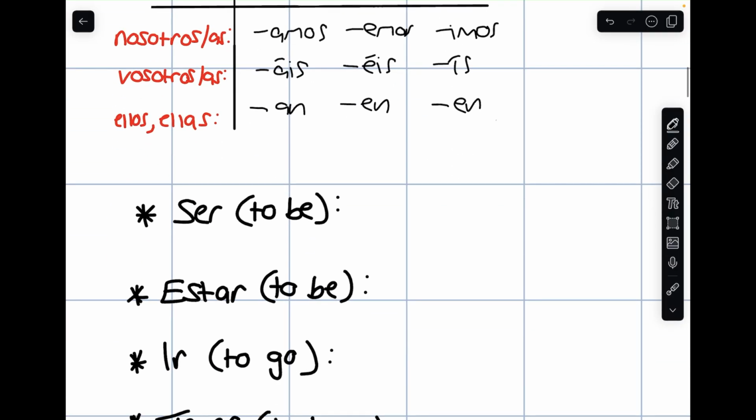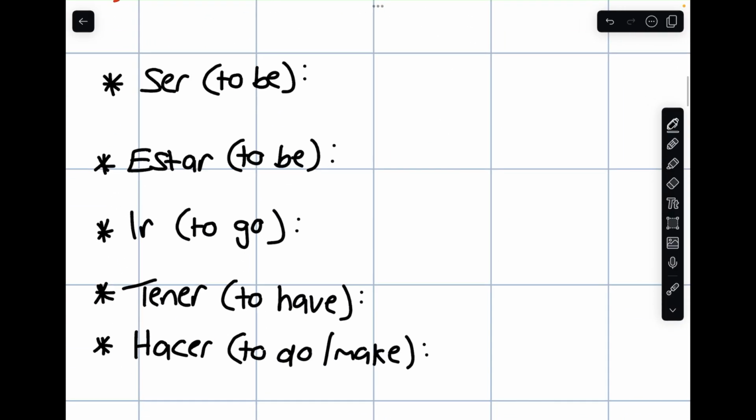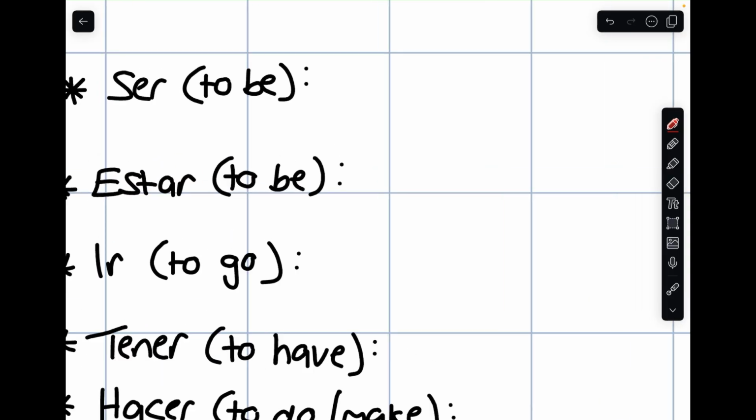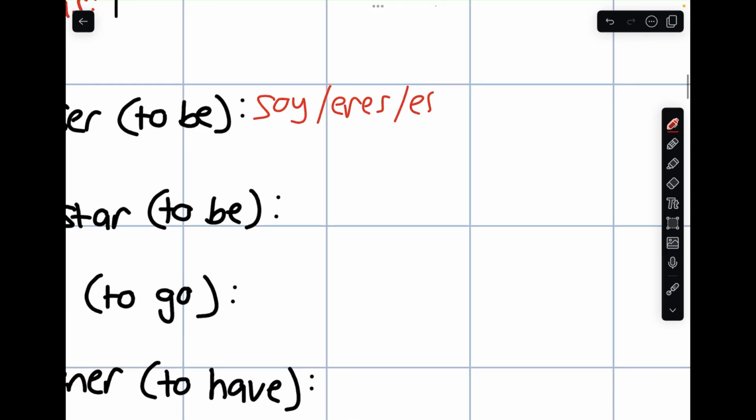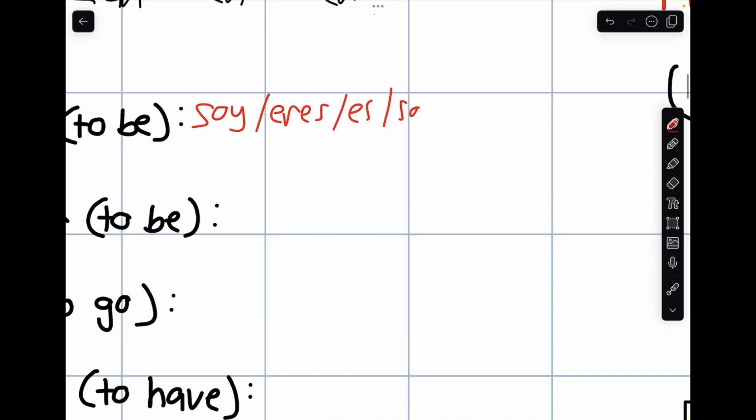Okay, now in the present tense we have a few irregular verbs to be aware of, and I'm going to write these in red. So, ser becomes soy, eres, es, somos, sois, son.